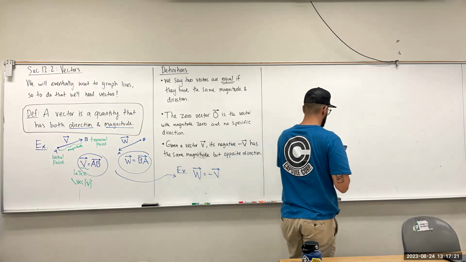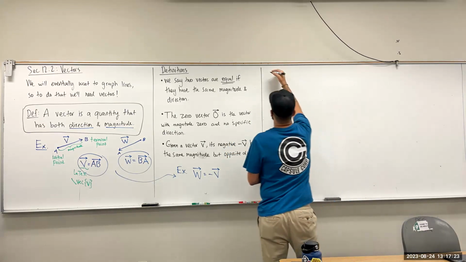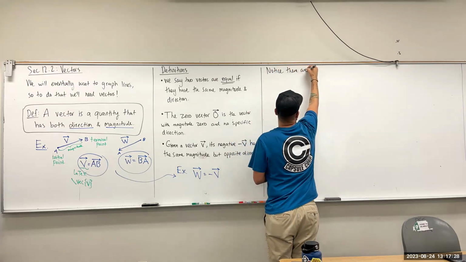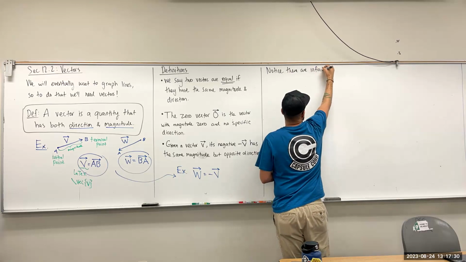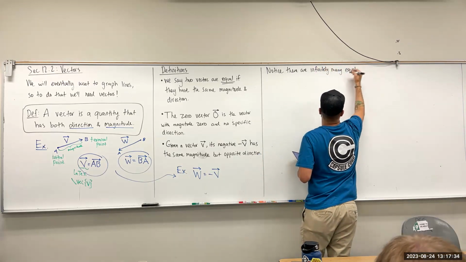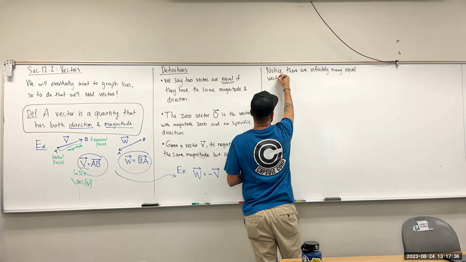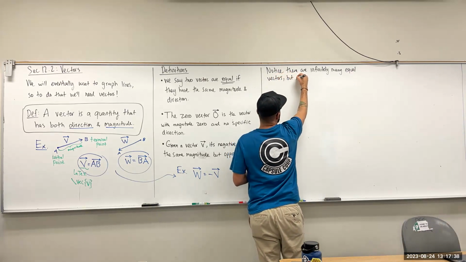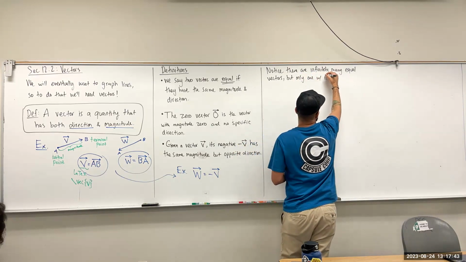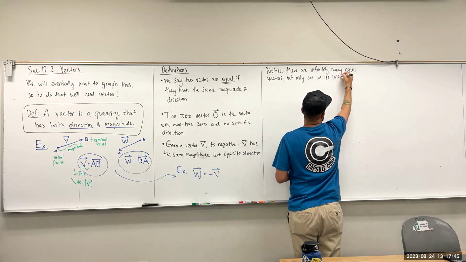So notice there are infinitely many equal vectors, but only one with its initial point at the origin.